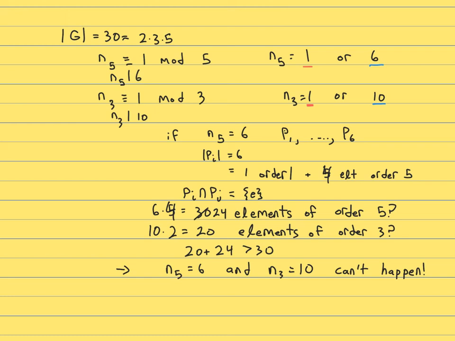What does this tell us? This tells us that it must be the case that either n sub 5 is 1 or n sub 3 is 1. In other words, if you let P be a Sylow 3 subgroup and Q be the Sylow 5 subgroup, one of them must be normal.